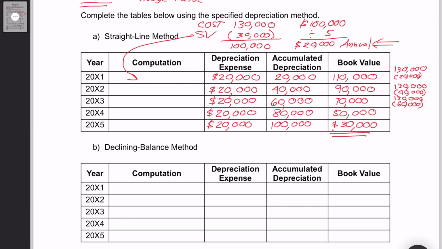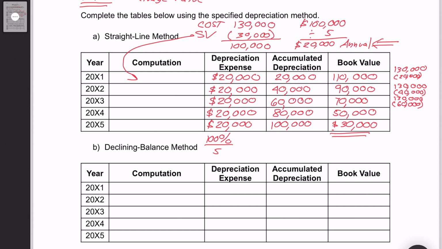So let's go ahead and work on the declining balance. With declining balance, the first thing we have to do is find out what the percentage decline was using the straight line method. And to do that, we will take 100%, and we will divide that by the life.